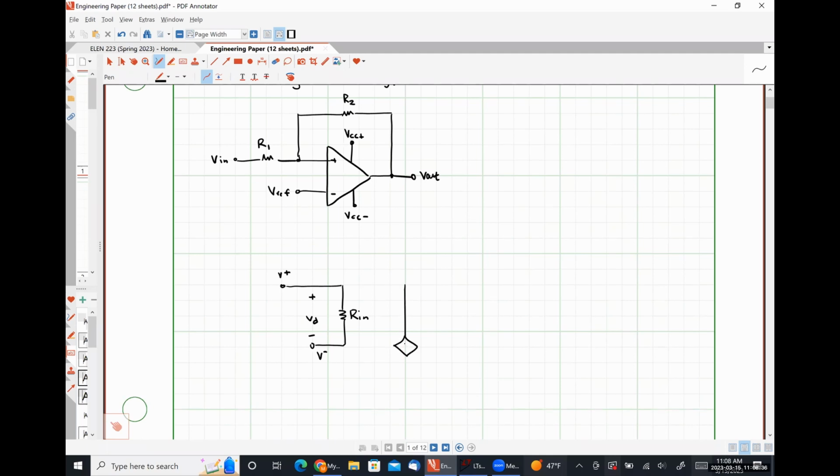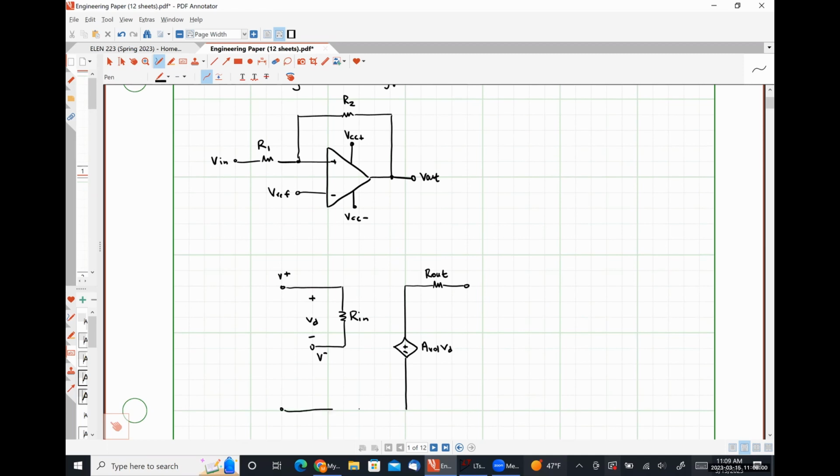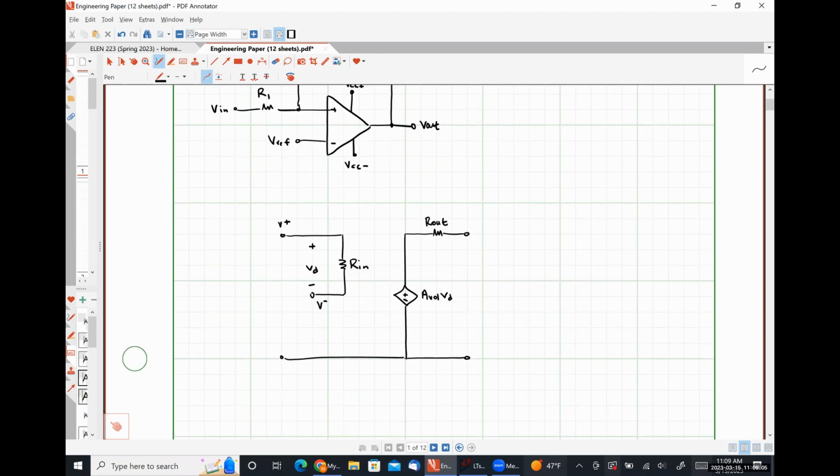Drawing the output side of things, I have my dependent voltage source, AVOL times VD. Here is my output resistance, Rout. And here is my reference. So my output voltage is measured as the open circuit voltage here.